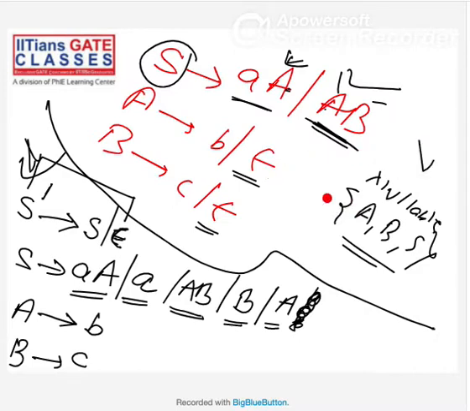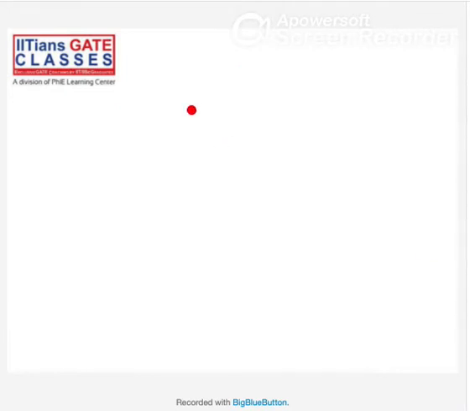This grammar generates the null string. How do we know? Very easily, because the starting symbol S is nullable. When the starting symbol is nullable, then you can say that your grammar can generate the empty string. So when your S is nullable, you add the production S dash goes to epsilon. So this is how you can remove the null productions.